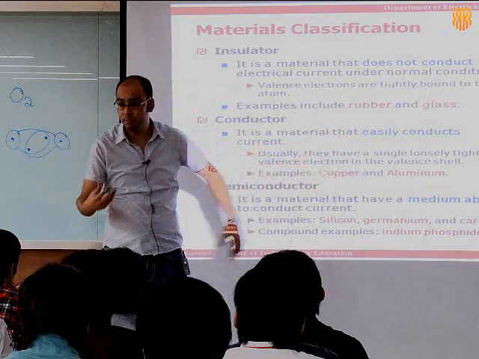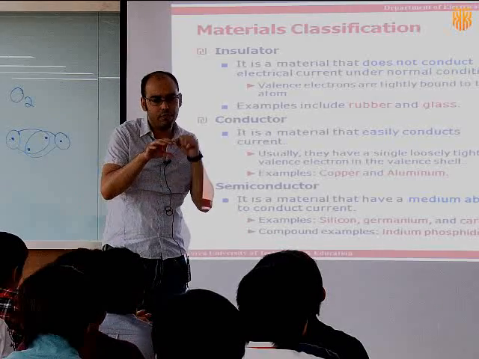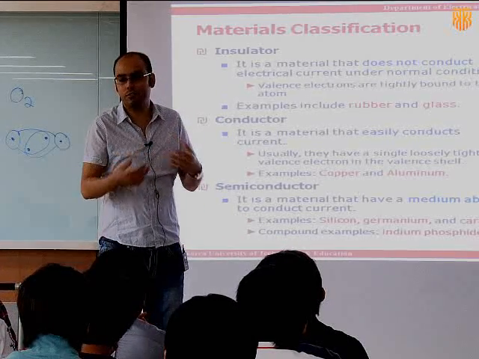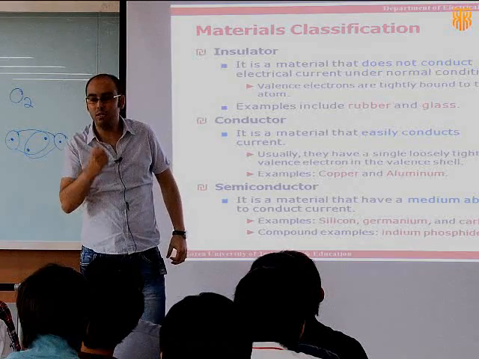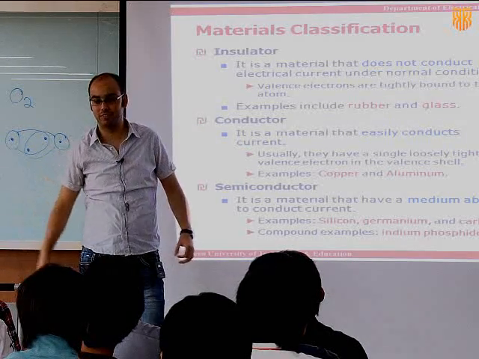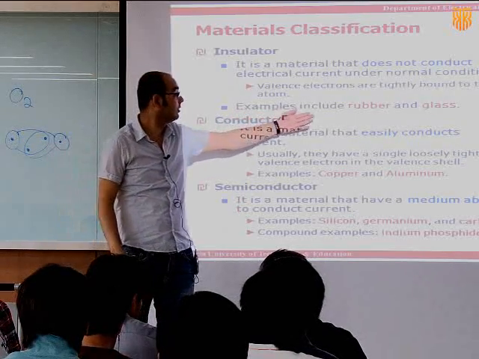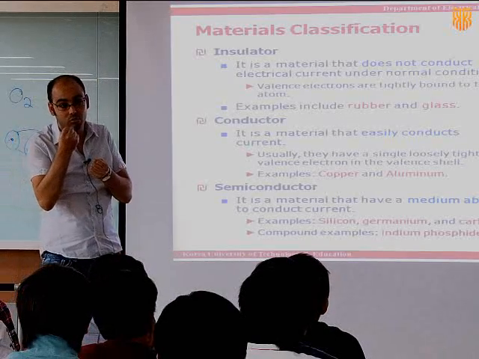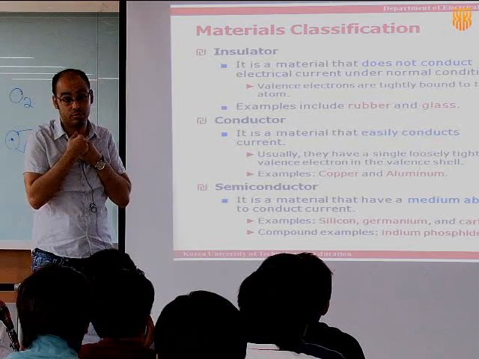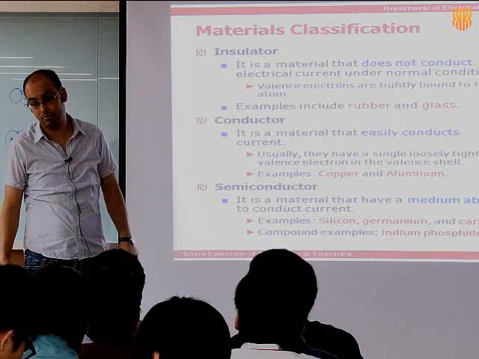The electron in the valence shell is almost free. Okay? So it needs very small energy to leave. That's why here the electron is very attached to the nucleus. So you need huge energy to take it out.